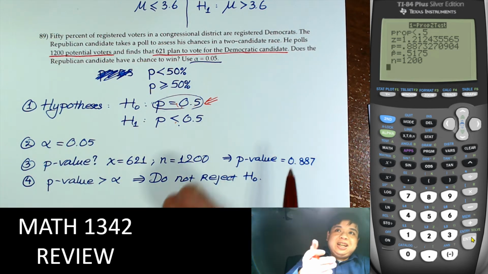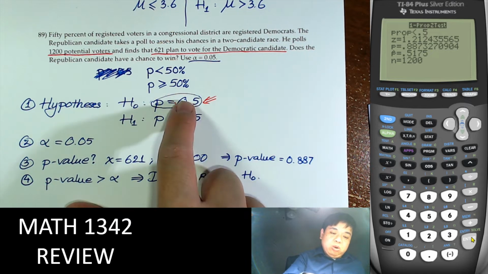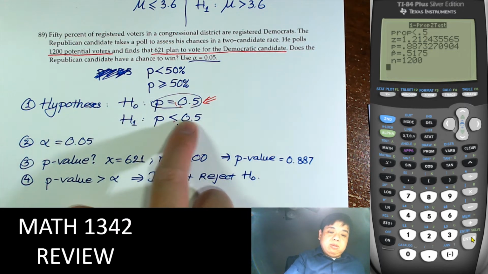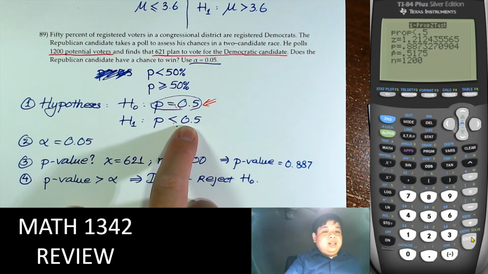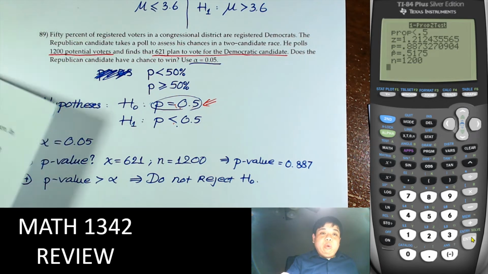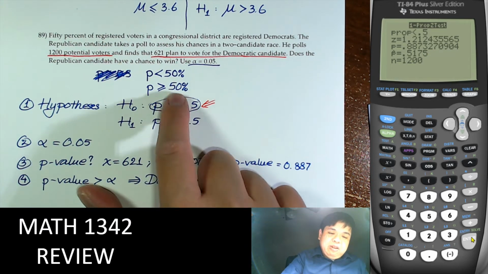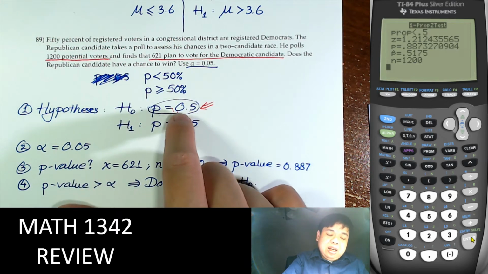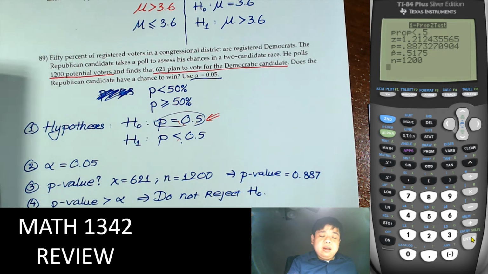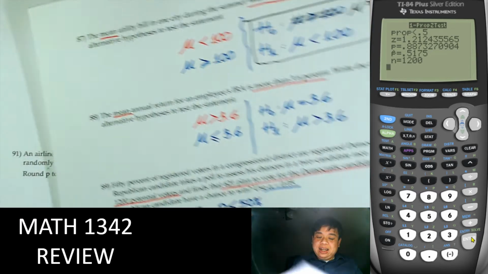In that case, he has a chance to win. But in this case, because we do not reject the null hypothesis, we're not going with the alternative hypothesis. So the 50% here is whatever the Democratic candidate gets. He's not getting less than 50%, so the Republican candidate has no chance.